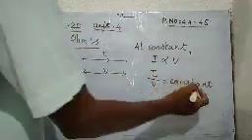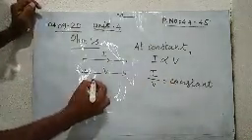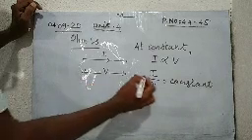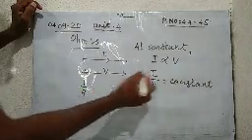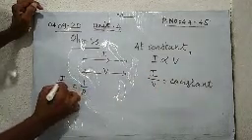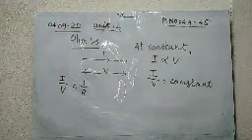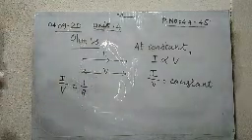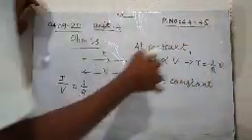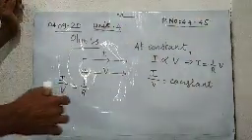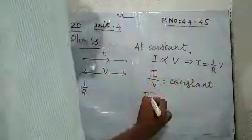Here the constant is known as the proportionality constant, and it is found to be 1 by R. Therefore, according to Ohm's law, I by V is equal to 1 by R, or otherwise this can be written as I is equal to 1 by R into V, where 1 by R is the proportionality constant, or I is equal to V by R.